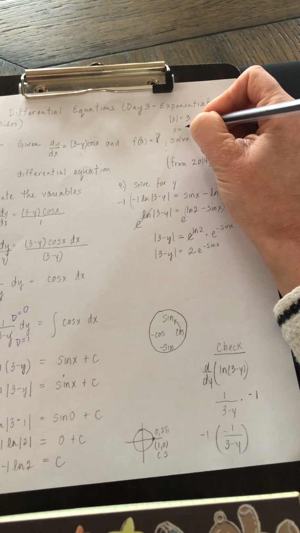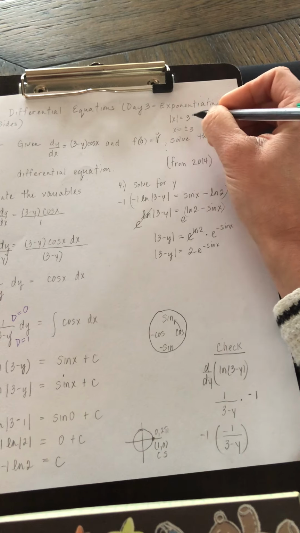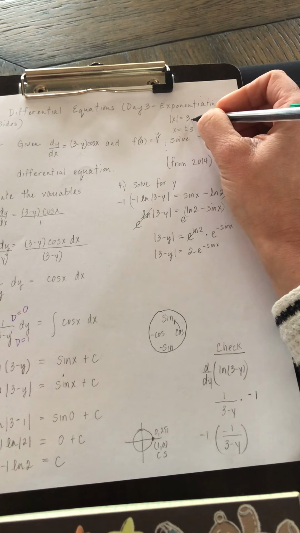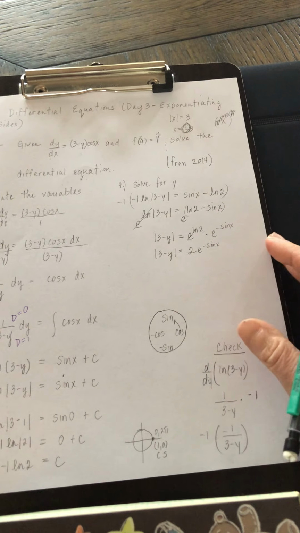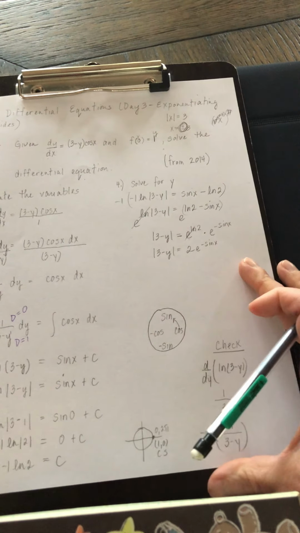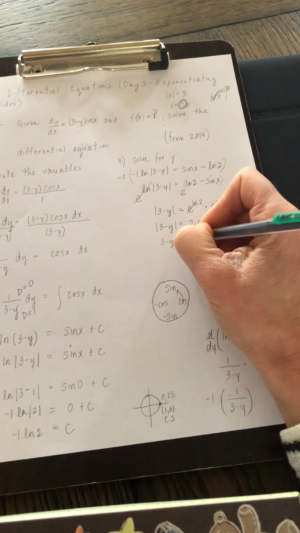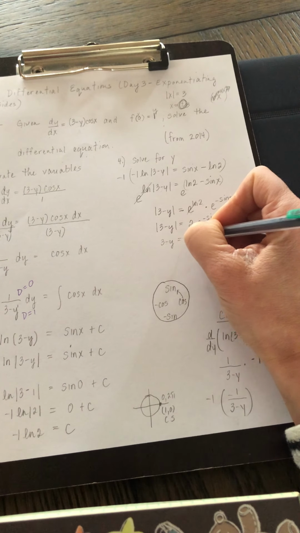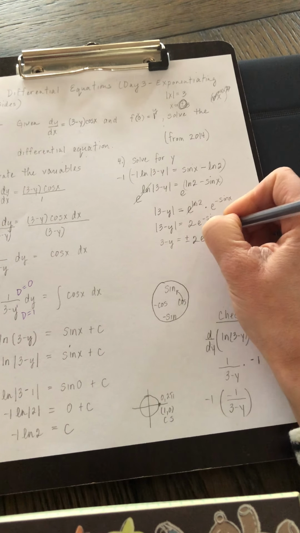Well, x can be plus or minus 3, right? If you think about it, the absolute value of 3 is 3. The absolute value of negative 3 is 3. So there was a plus or minus that occurred when you solved absolute value equations. So we're going to apply that here as well. So we can eliminate the absolute value symbol as long as we say that the solution on the other side could be positive or negative.